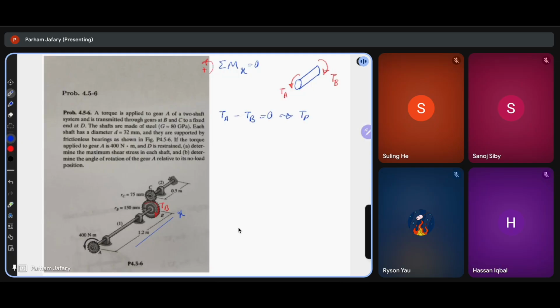Therefore, TB is equal to TA equal to 400 Newton meters. Okay?